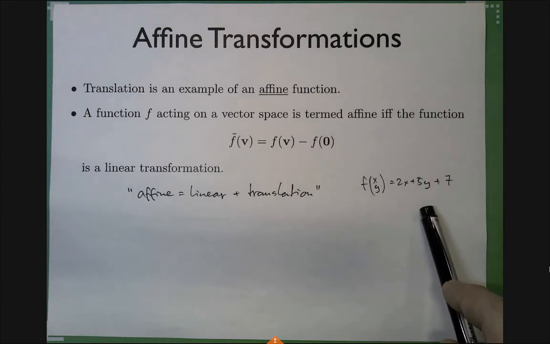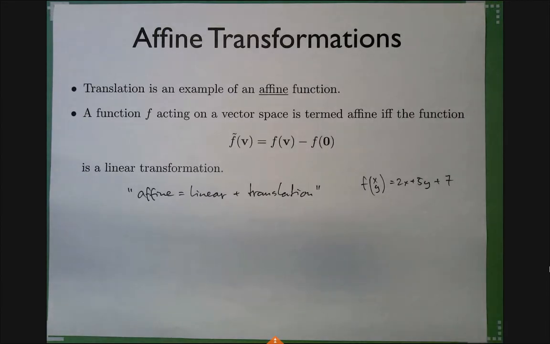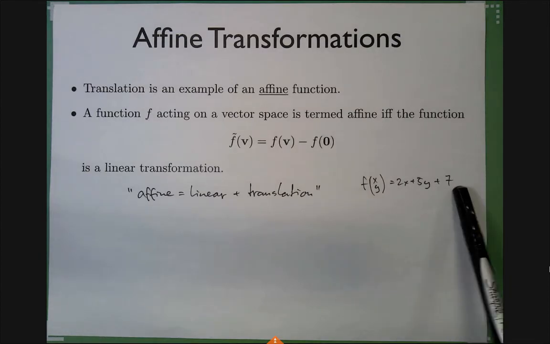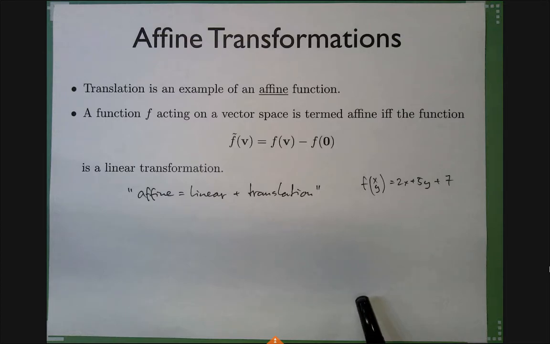Make sense? This is sometimes called the affine part of the transformation. That's the constant translation.